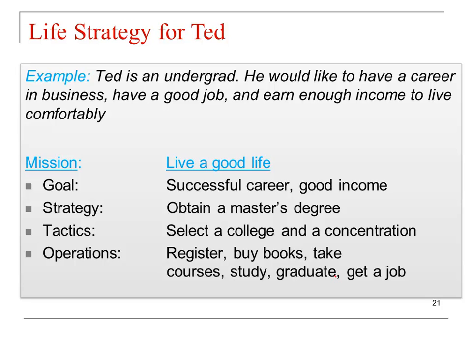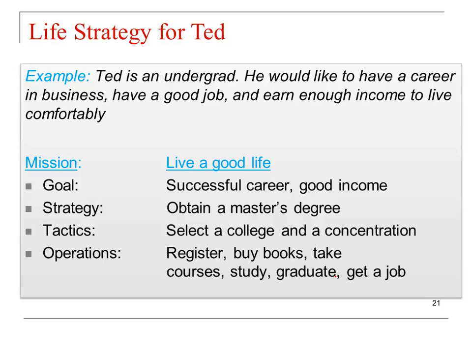So, for example, Ted is an undergrad. He would like to have a career in business, have a good job, and earn enough income to live comfortably. So we can target these 4 bullets, as we explained in the previous slide. The goal will be to have a successful career with good income.